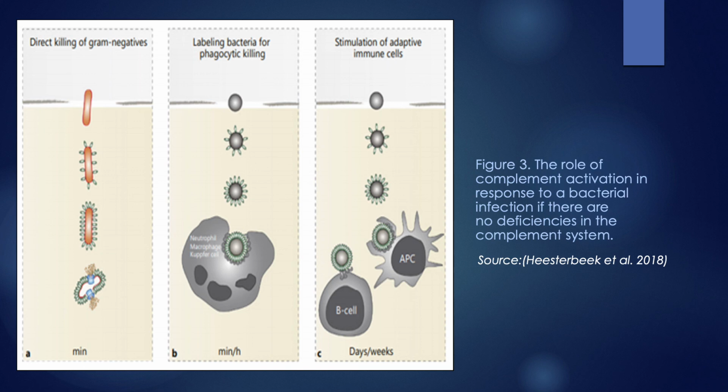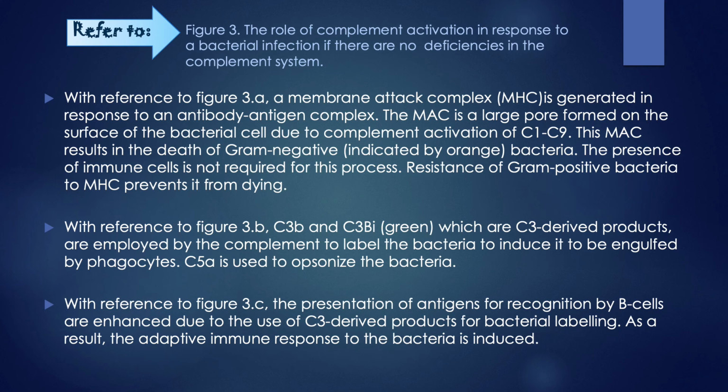The complement system is extremely important to clear bacterial infections in patients with genetic complement deficiencies who are prone to recurrent infections, as well as provide defense against bacteria because some bacteria are resistant to various steps in the complement cascade. This slide gives a short description of Figure 3.